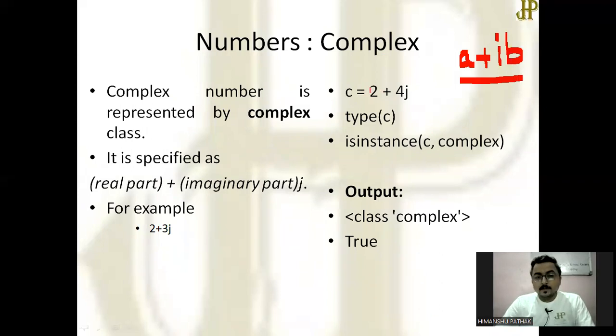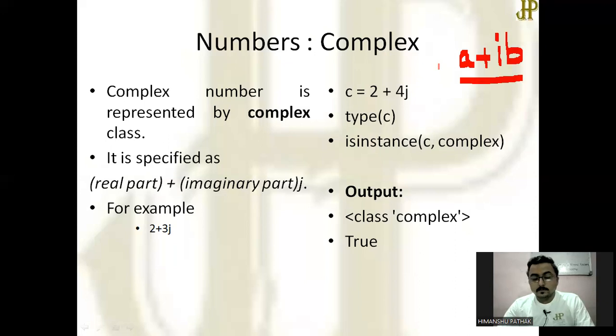Like this, you have to use the real part plus the imaginary part followed by the j variable. In mathematics, you use the i variable after the imaginary part, but here the imaginary part is used before the variable j.